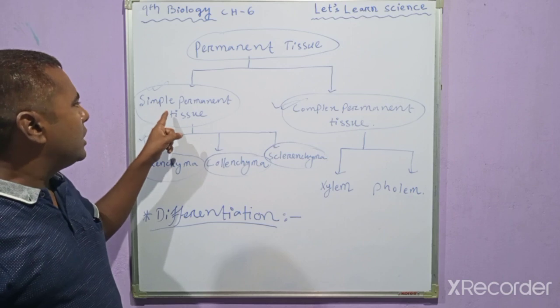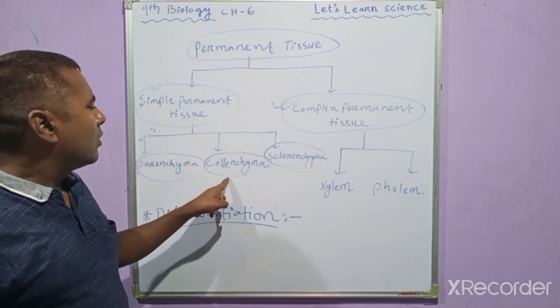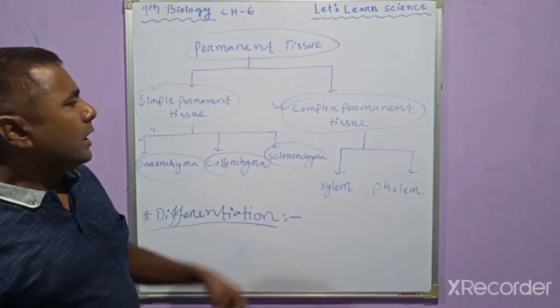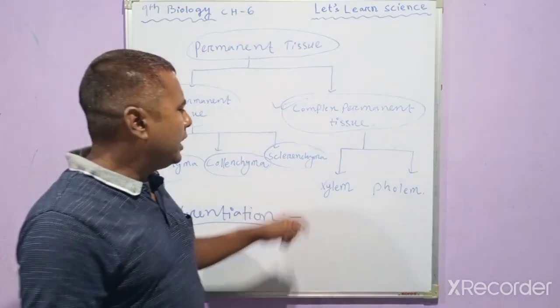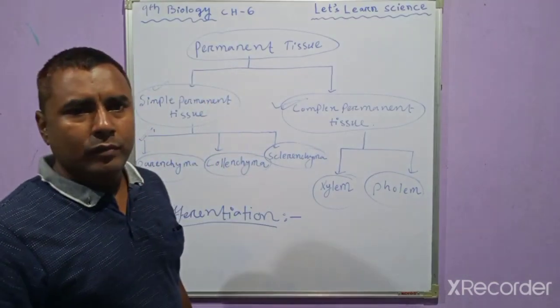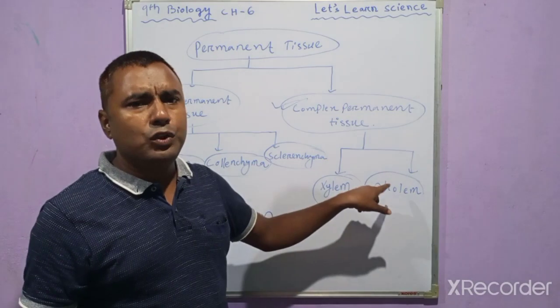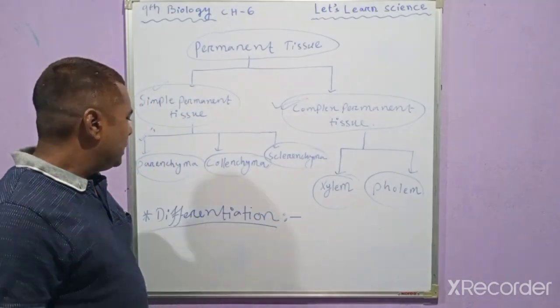Again, complex permanent tissue is divided into two categories: xylem and phloem. Xylem and phloem are the complex permanent tissue found in the plant body.